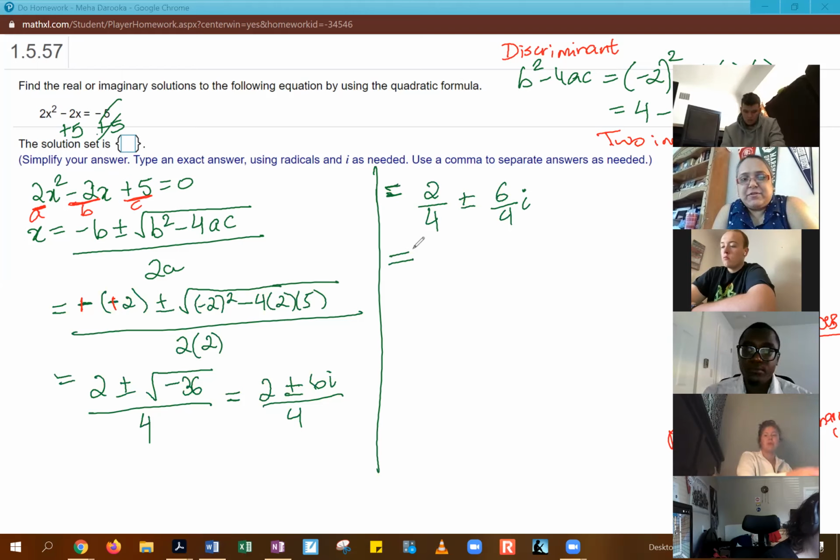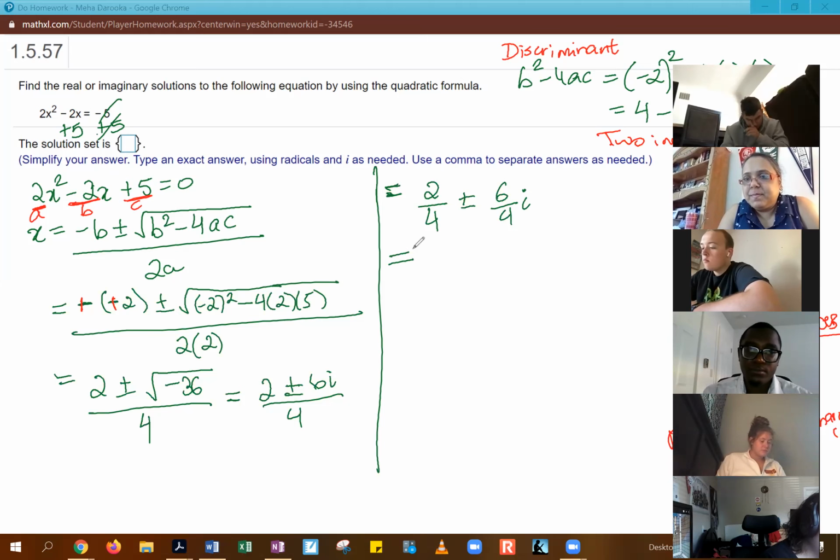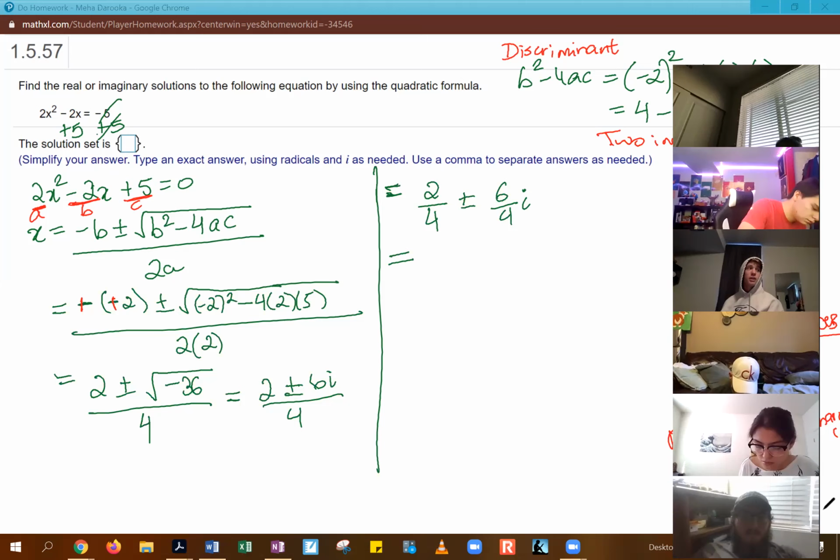So just separating the real and the imaginary part by splitting that denominator. So when you reduce those fractions, what do you get?